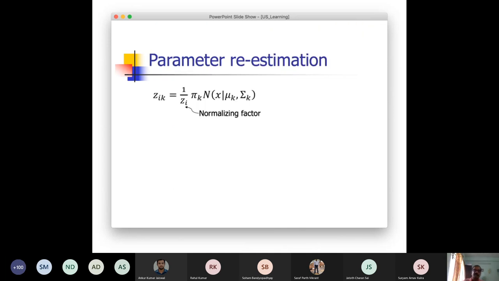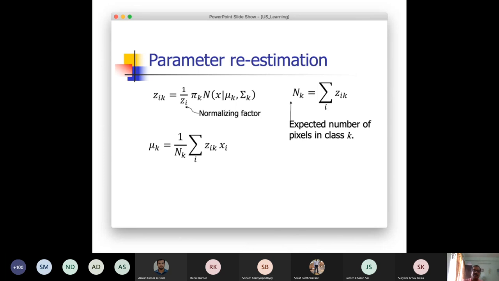Once these probabilities are computed, you can find the expected number of data points in a class. I have written pixels here, since this was discussed with respect to a segmentation algorithm, but it is basically data points. You see that this number may not be a whole number; it is a kind of number which also handles fractions.